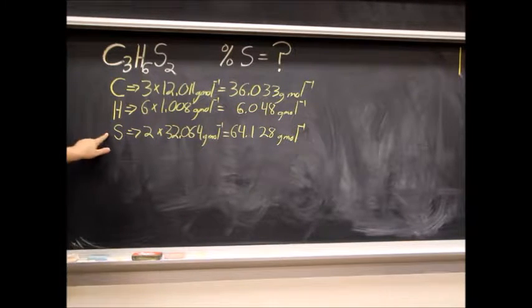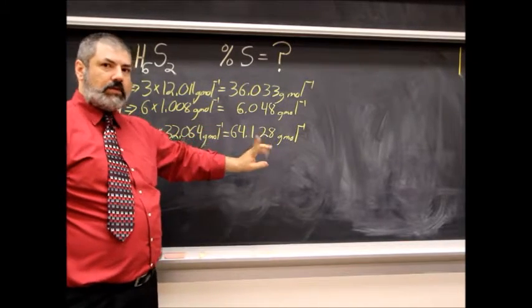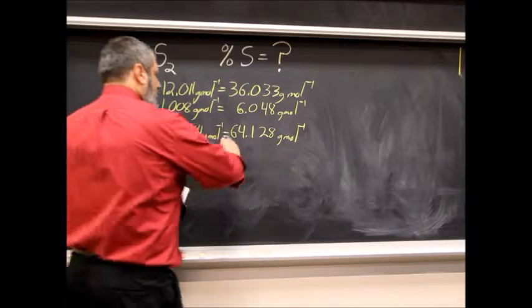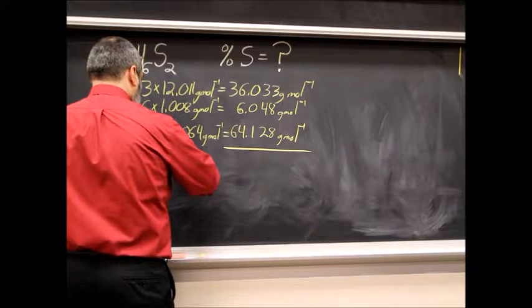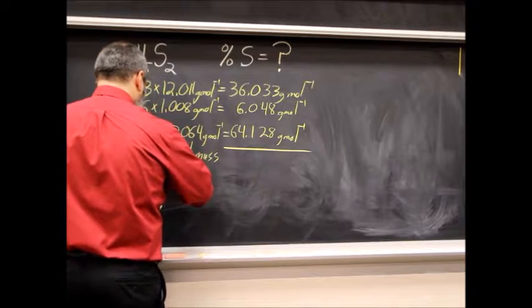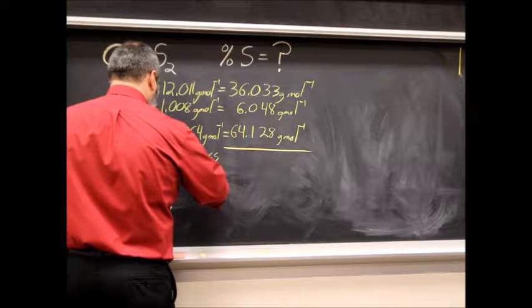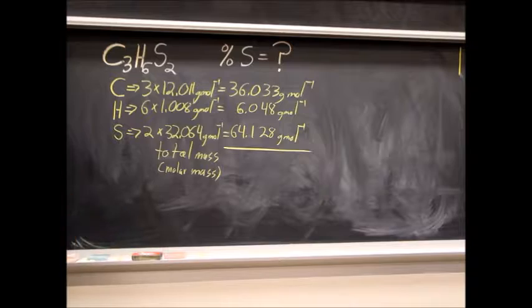We have the mass of each element, and it is worth taking the time to write them out separately, and you'll see why in a second. So our total mass, which is really just the molar mass, right?